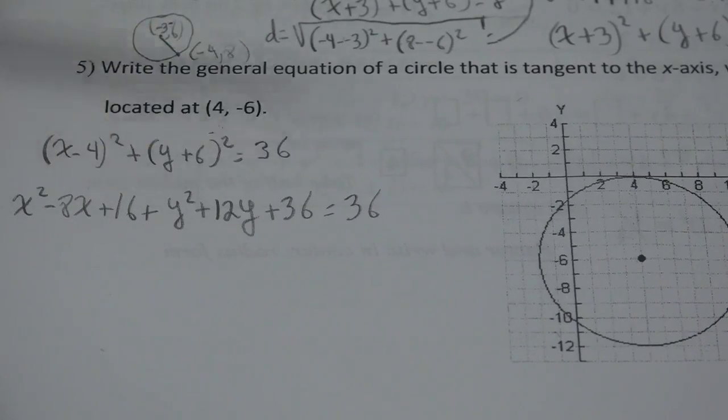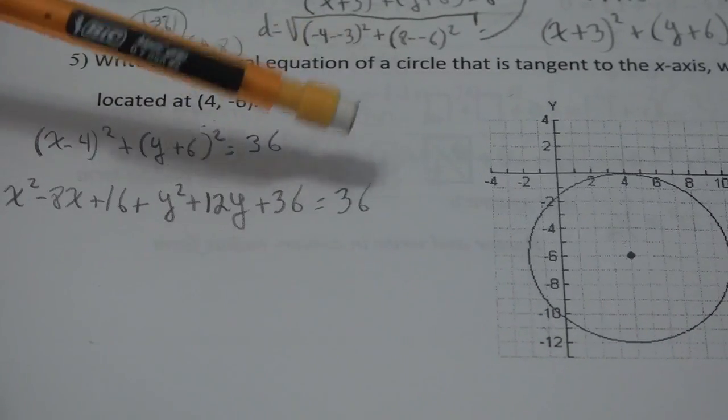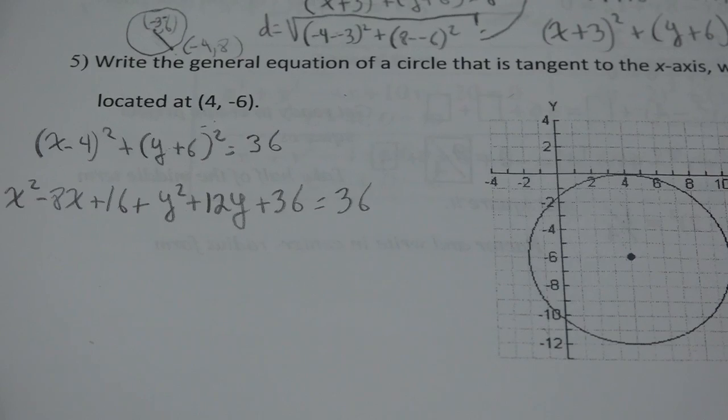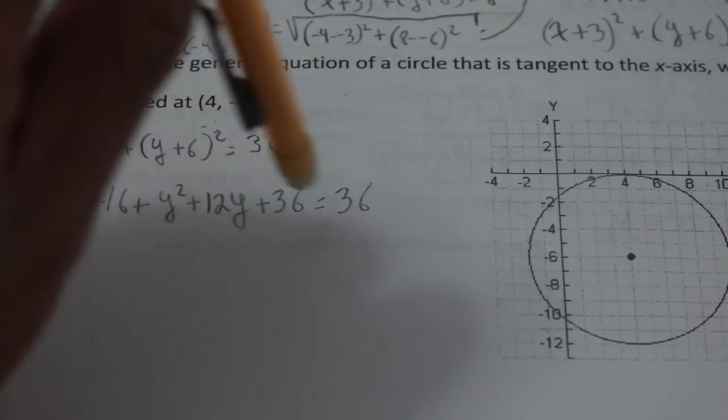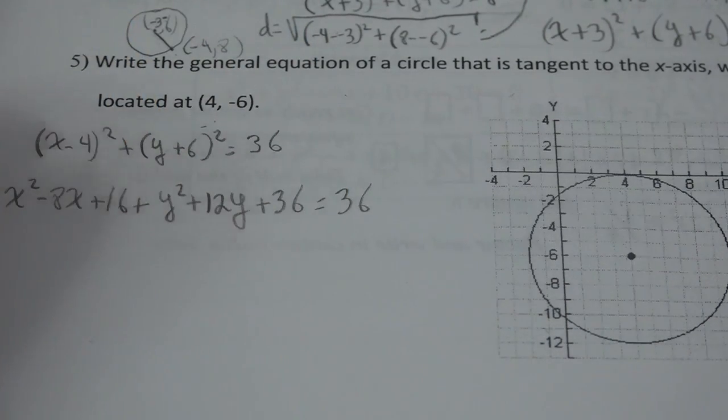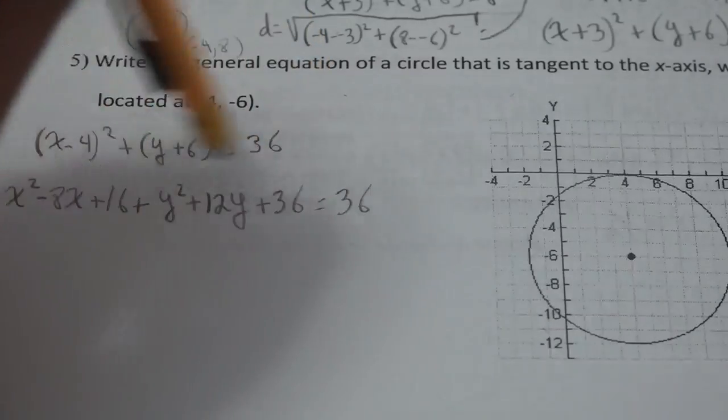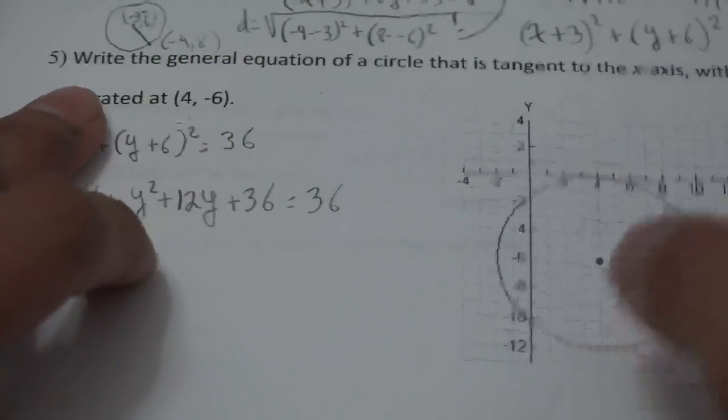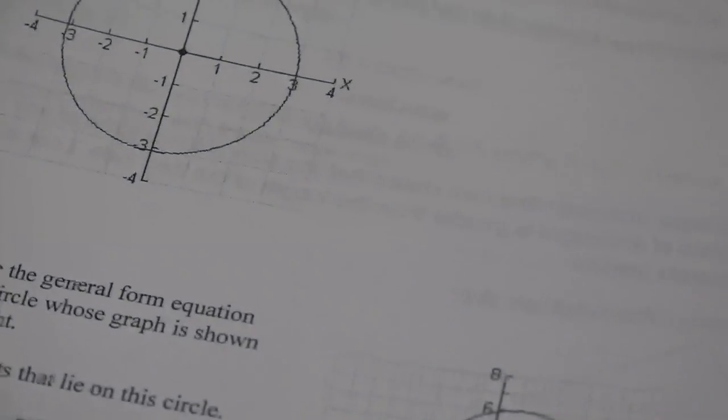Now, remember something: add the like terms, set it equal to 0, and make sure you put them in order: x² + y² - 8x + 12y, and then whatever you get has to be equal to 0. Okay, so I'm done with this. No, not yet. I thought I was done. How many things do I have here?